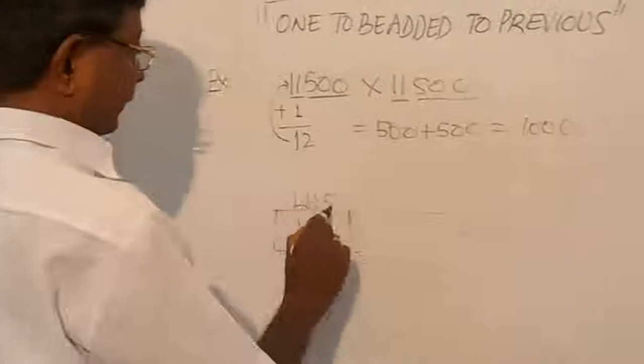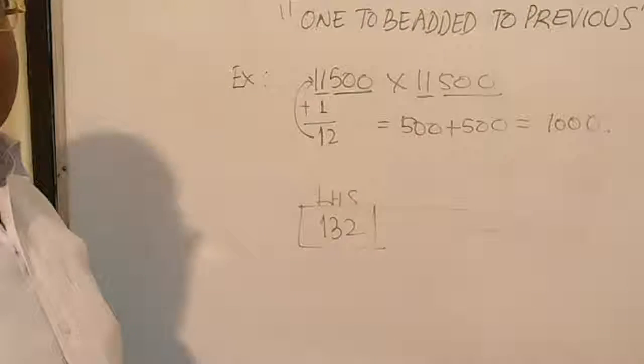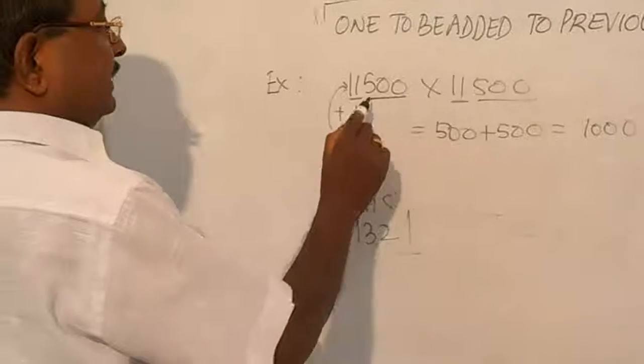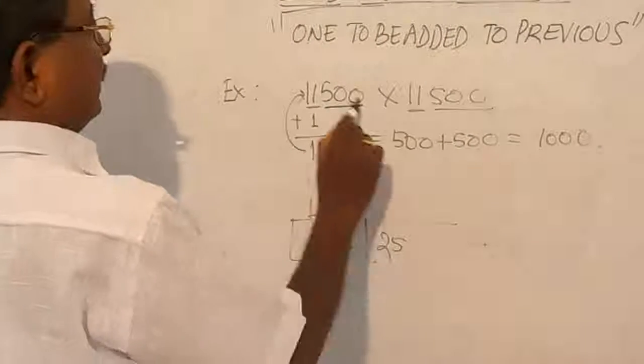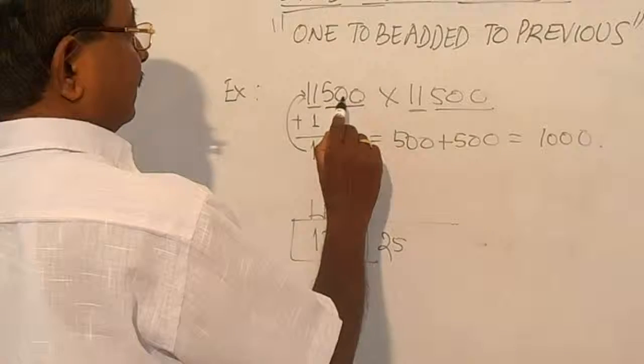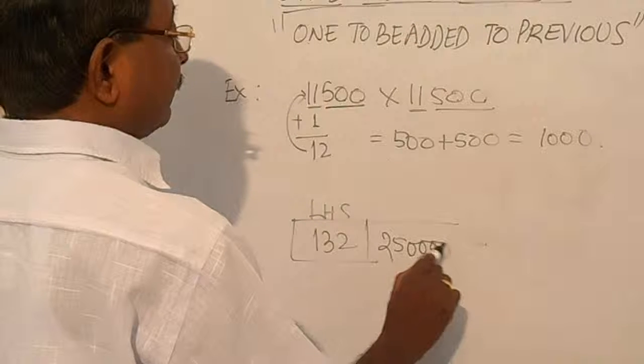Okay. Next, we have 500 and 500. 500 multiplied by 500, you can simply say 5 fives are 25, plus 2 zeros plus 2 zeros, which equals 4 zeros.